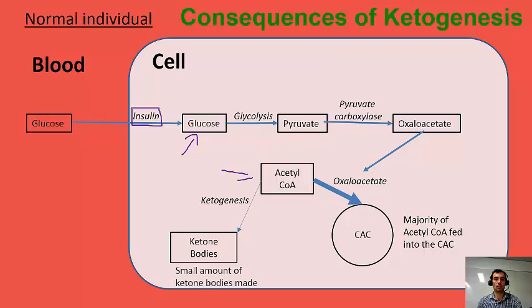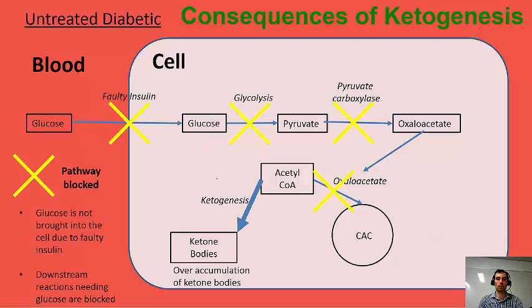The place we're getting the acetyl-CoA from is going to be predominantly from our beta oxidation. We can also get some of it from the conversion of pyruvate to acetyl-CoA, but we've been mostly talking about beta oxidation today, so let's just consider it coming from beta oxidation. So that's what happens normally.